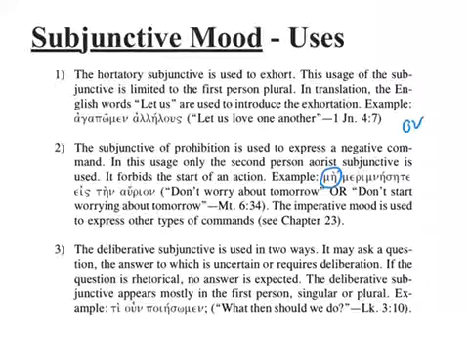Number 3, the deliberative subjunctive, which is used in 2 ways. It may ask a question, and the answer to which is uncertain or requires deliberation. If the question is rhetorical, then no answer is going to be expected. So like the example here, ti oun poiēsōmen.